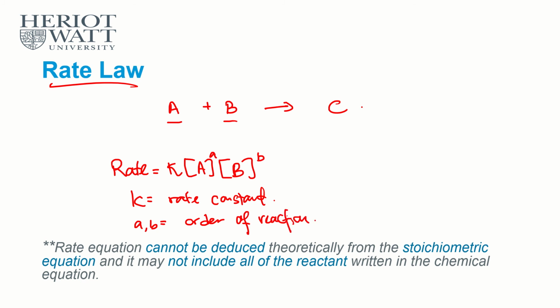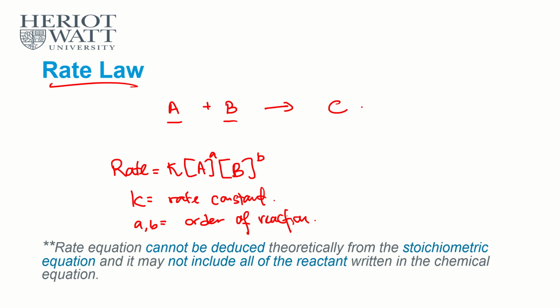Now, what is that order of reaction? Order of reaction will indicate how fast a reaction happens based on the concentration. For example, if I increase the concentration of A, what happens to the rate of reaction, compared to if I increase the concentration of B? Last time we learned that when we increase the concentration of reactants, the rate of reaction will increase for sure.